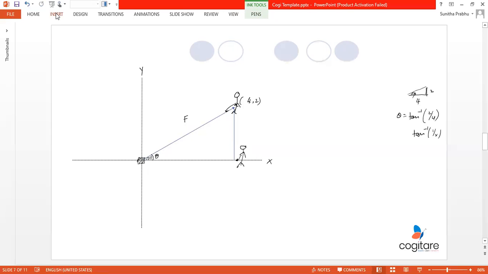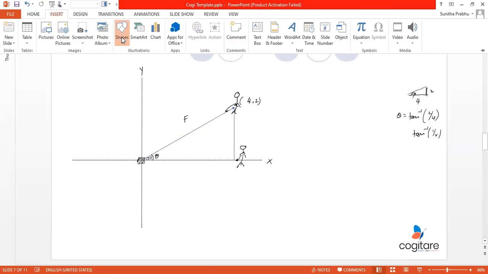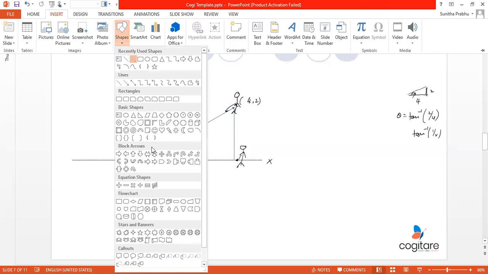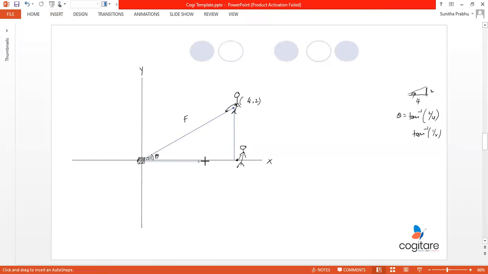That means you are going to have one force along the x-axis and also one force along the y-axis.